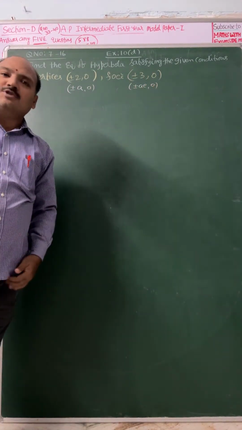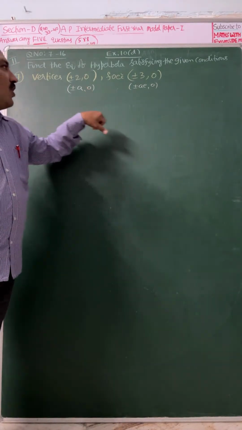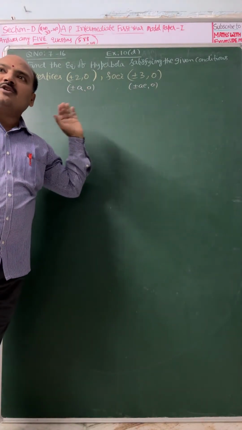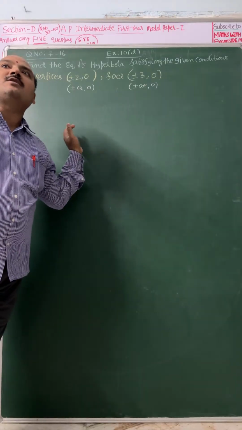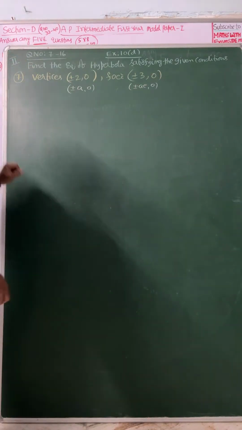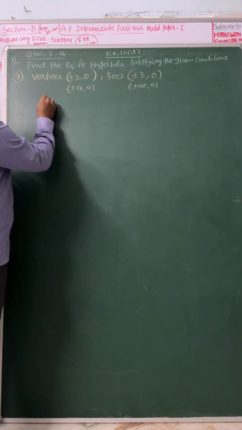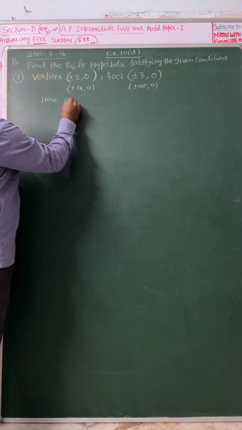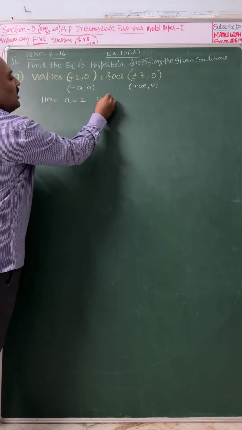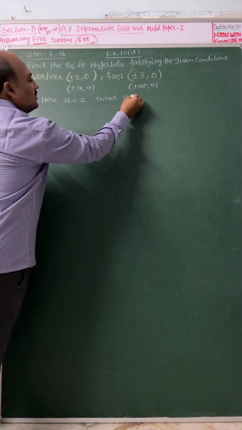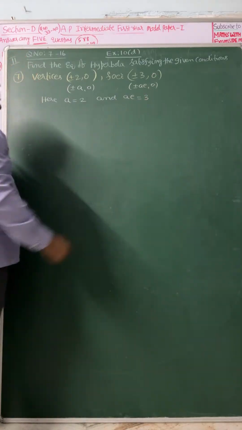We observe that the y coordinate is 0, which means it lies on the x-axis. X-axis means transverse axis. So for vertices on the transverse axis, a is equal to 2, and plus or minus a is equal to 3.